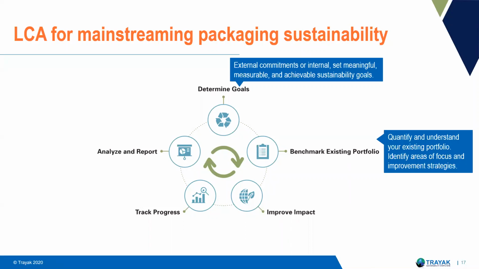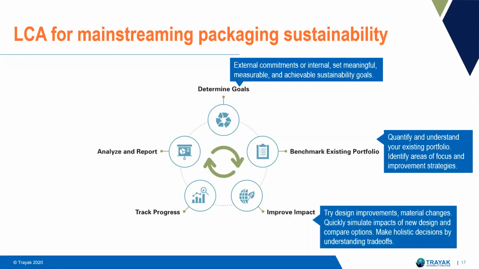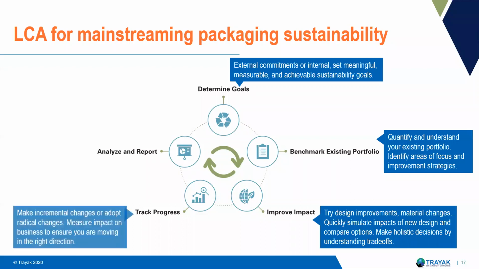So as a business process, Compass can be integrated into your workflow, into your work process to be able to do all of that. And then obviously, as you benchmark and you figure out where you have hotspots and where you want to focus your sustainability initiatives on, as you make changes, as you make design improvements, you can compare that and simulate various alternatives. So it may be various alternatives for end of life, etc.